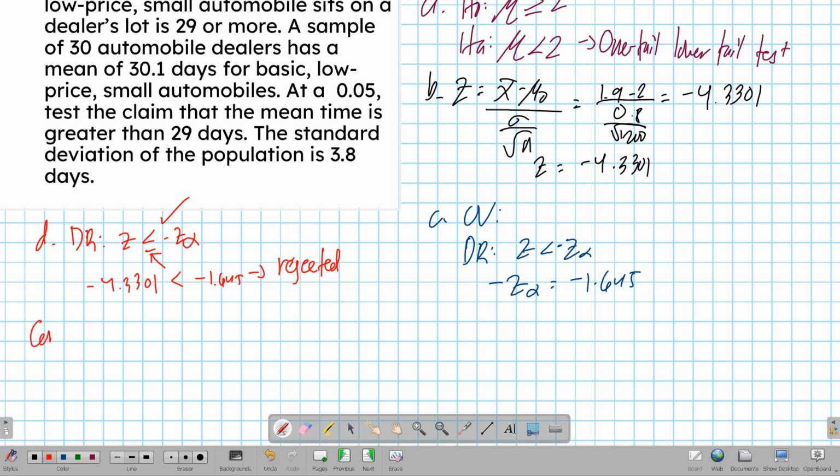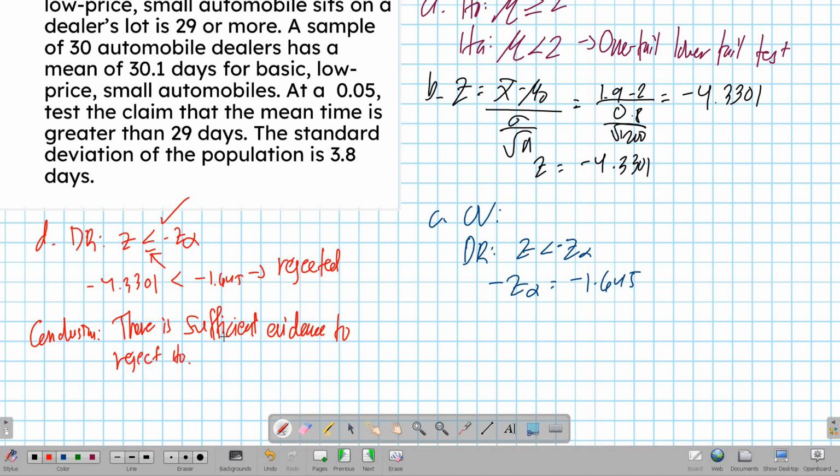Therefore, we now conclude that since this is a reject, there is sufficient evidence to reject H0.